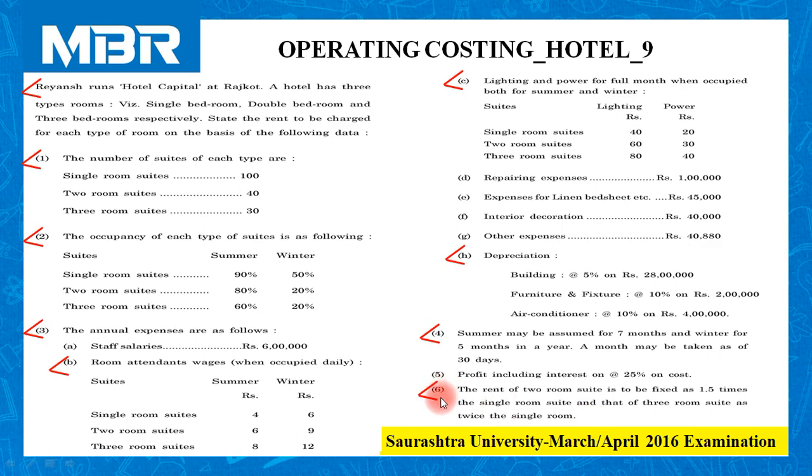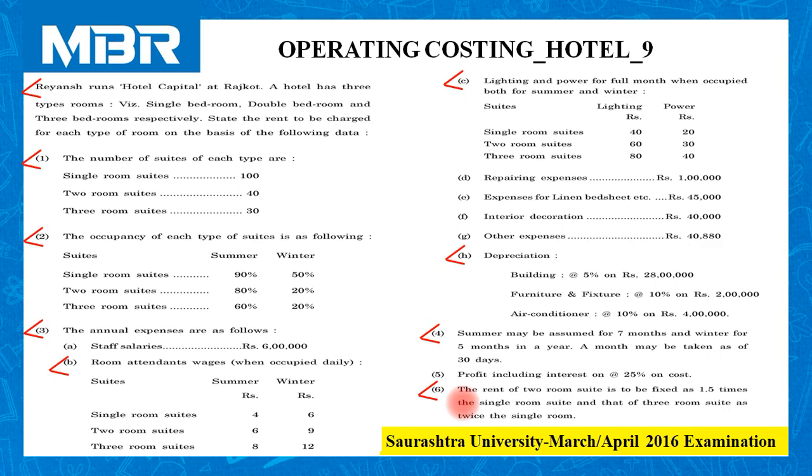This information, number 6, provides the relationship of the room rent between single room, double room and 3-room.